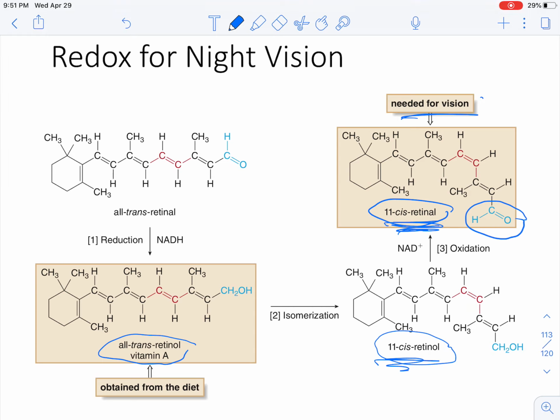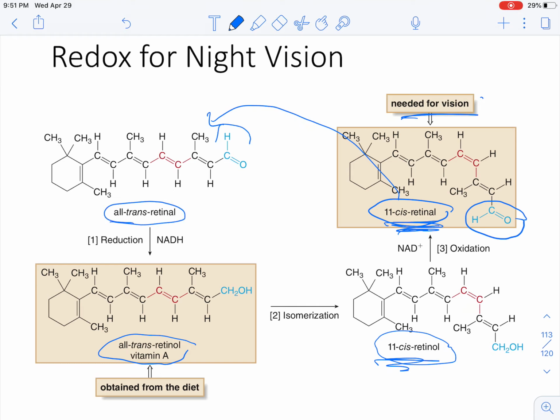And so for your rod cells to continuously communicate to the brain to process a specific image at night, your 11-cis-retinal needs to be converted back, and so this 11-cis-retinal is going to be converted into an all-trans-retinal.